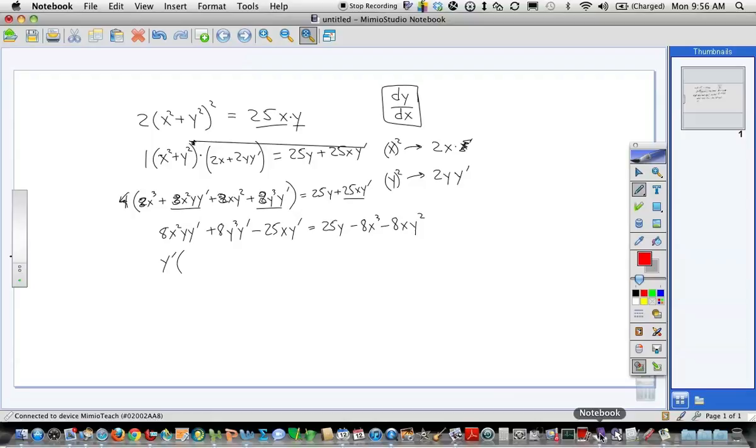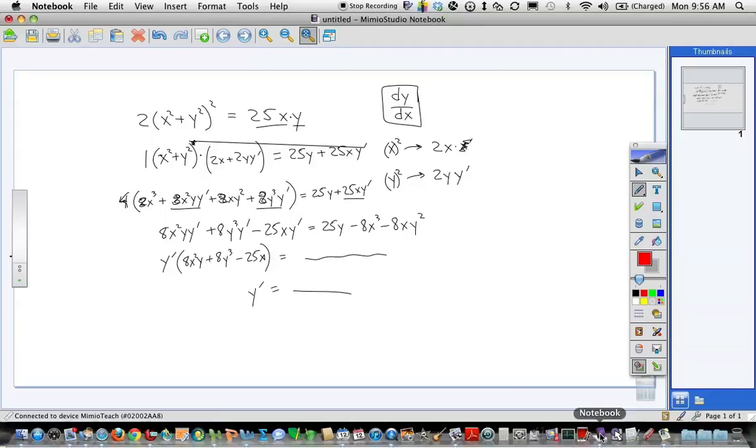That's the whole point of getting the y primes on one side. So I get 8x squared y plus 8y cubed minus 25x. And then I've got all this stuff here still. And then what? Divide. So now I get y prime equals, and then there you go. Okay?